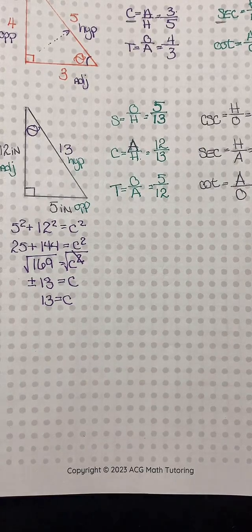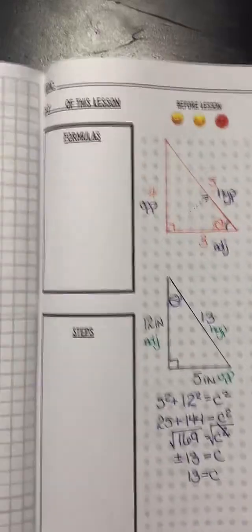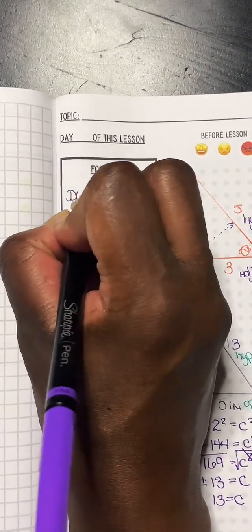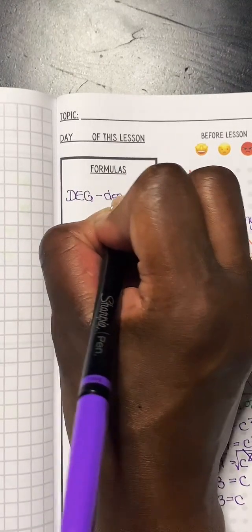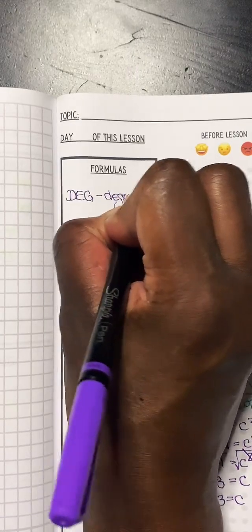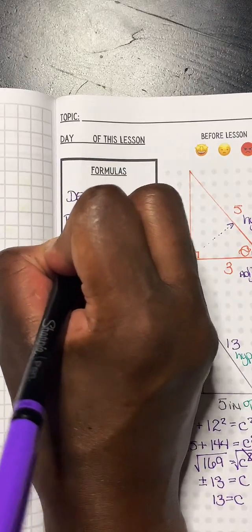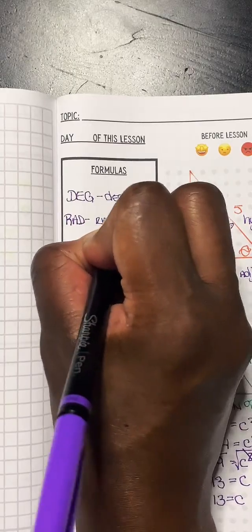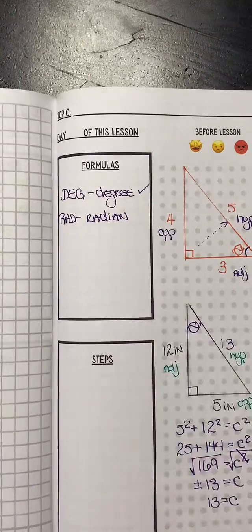You will surely get an answer, but if you don't see, what I mean by that is like I have DEG, so that's in degree mode. And then they have this other one, let's call RAD. And that's radian mode. And we don't want to be in radian. We want to be in degree mode.